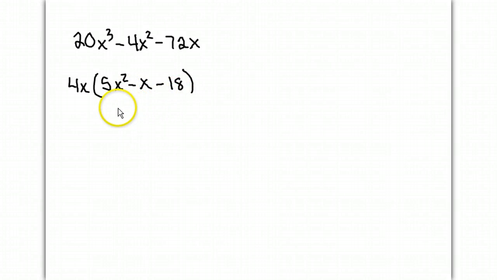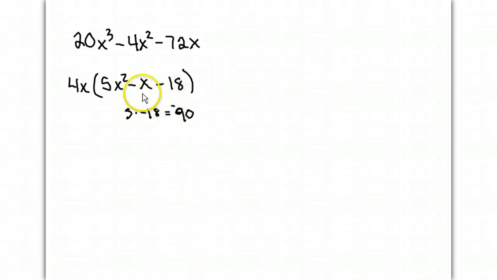So by the AC method, we have to multiply 5 times negative 18, which gives us negative 90. So we need to find two numbers that multiply to give us negative 90 and add to give us negative 1.